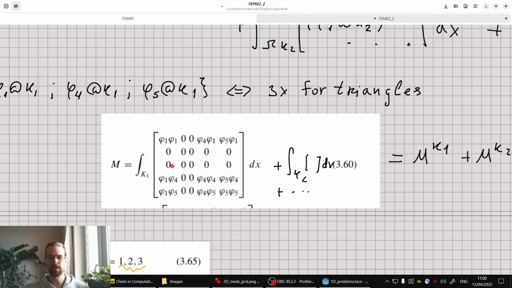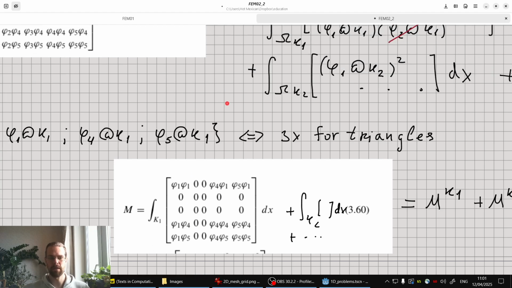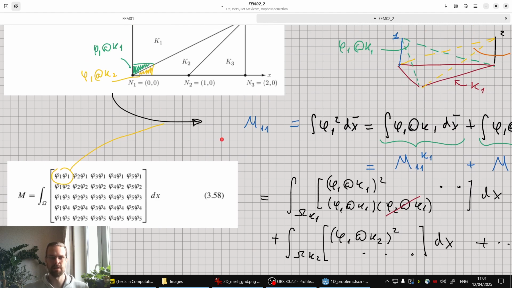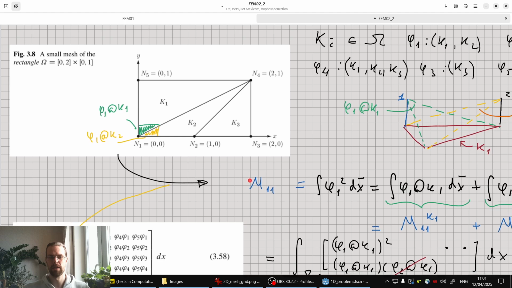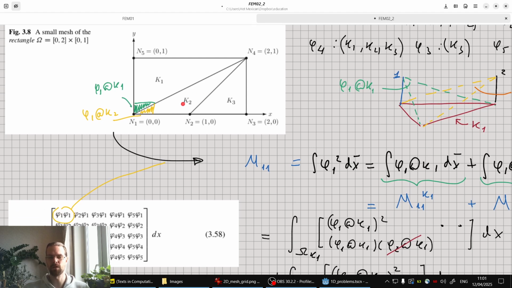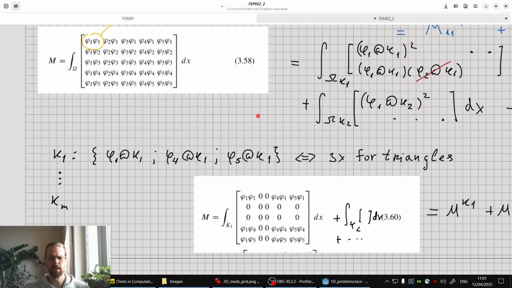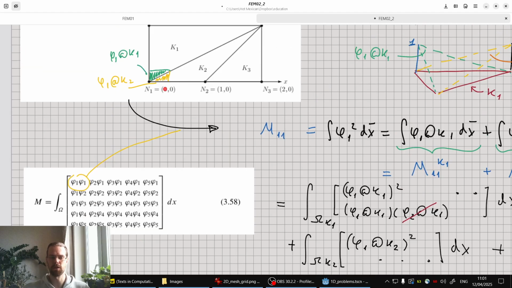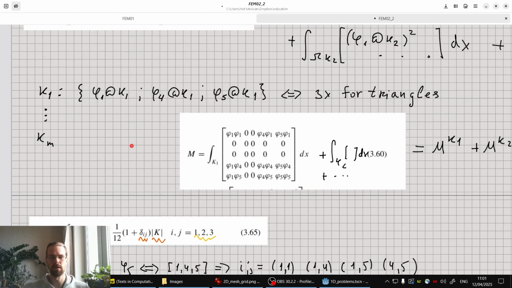But we see there is a lot of blank space. It's because these hat functions are localized and they don't ever overlap. So for a triangle, at maximum, we have 3 nodes. We will have 3 hat functions, and then only these 3 hat functions on this segment K will overlap. It's much easier to think this way than to try to focus on a function and then collect all the neighborhood.